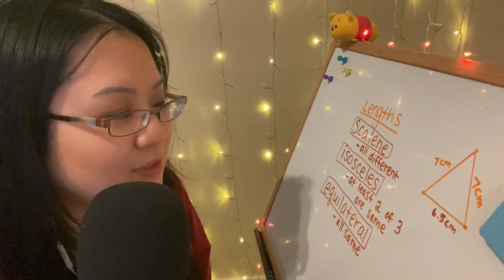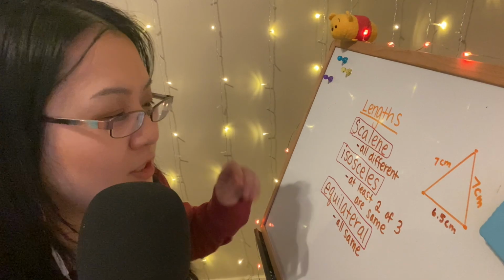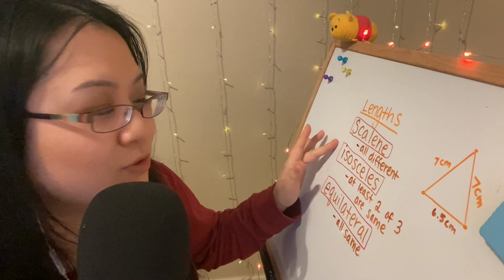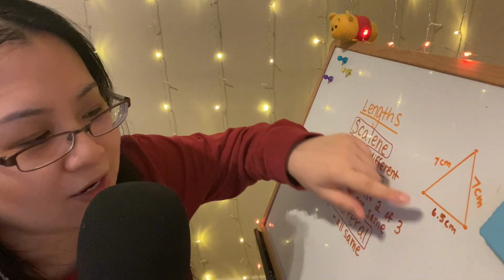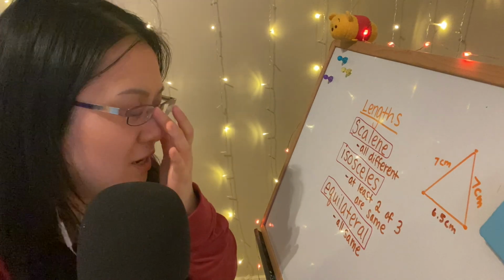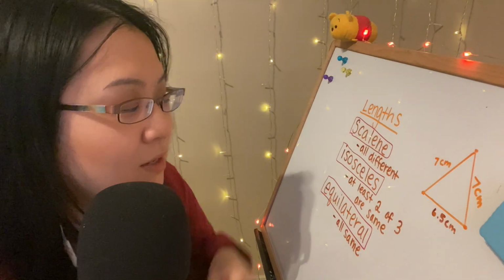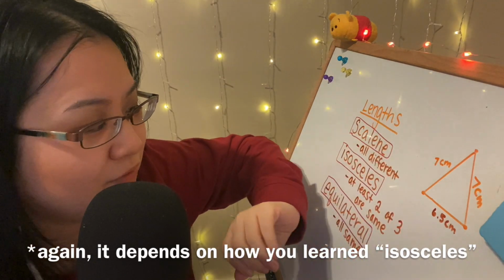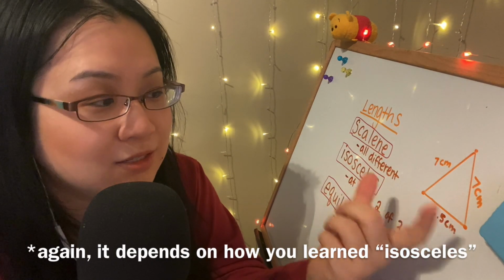So now there's a very interesting question that might come up, which is, is an equilateral triangle also isosceles? Is an equilateral triangle where I have all 3 sides the same isosceles? My answer to that would be yes, because if 3 of them are the same, 7, 7, 7, then we have at least 2 of the 3 lengths the same.